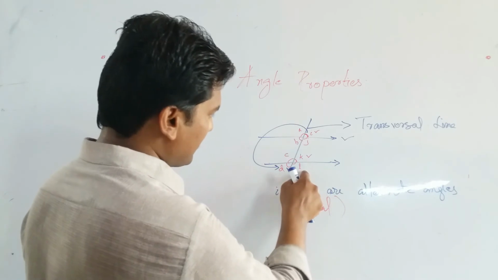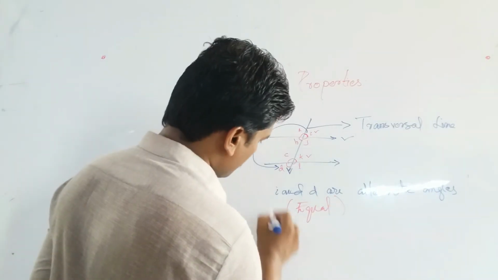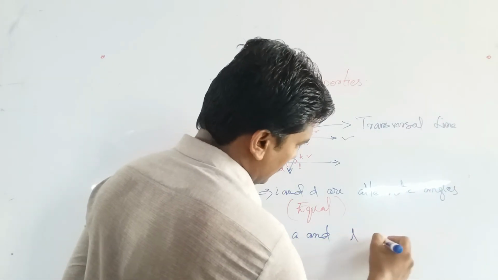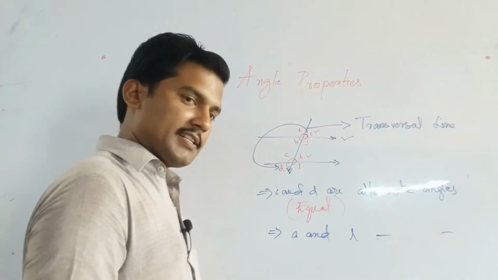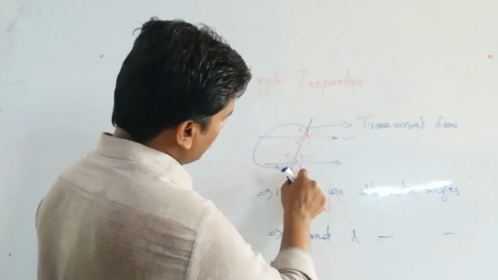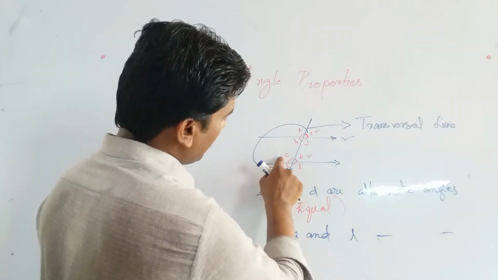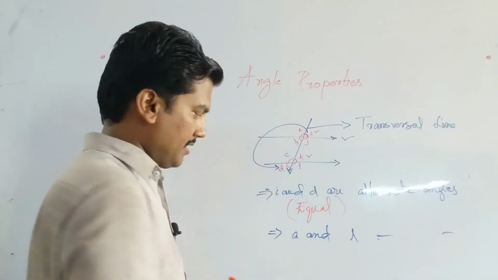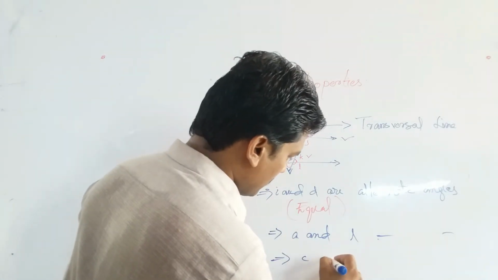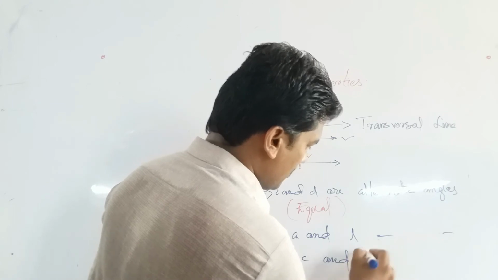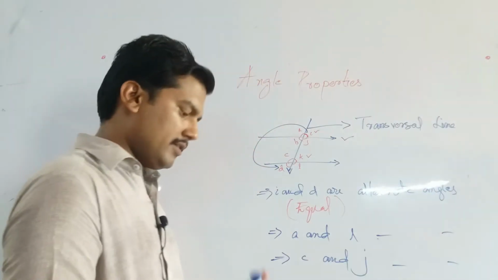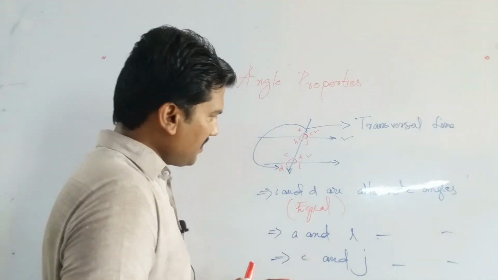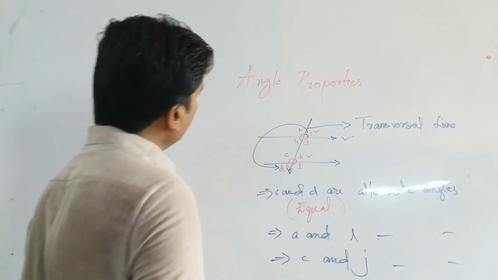This A and this L, A and L are alternate angles, and this C and this J are alternate angles. C and J. Okay. The rest of the pairs are your homework.